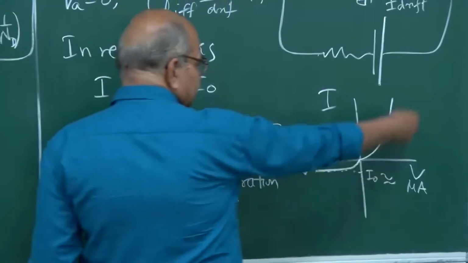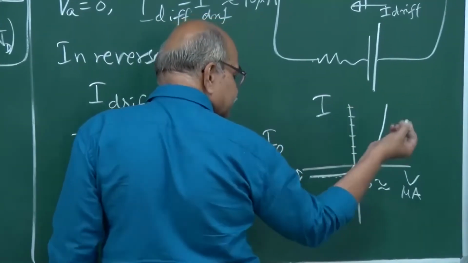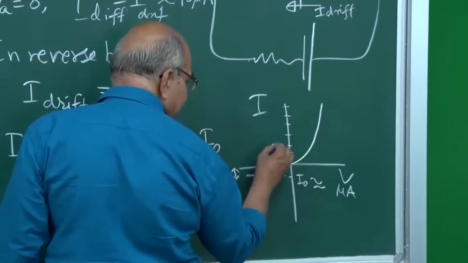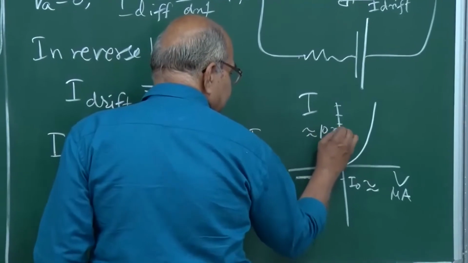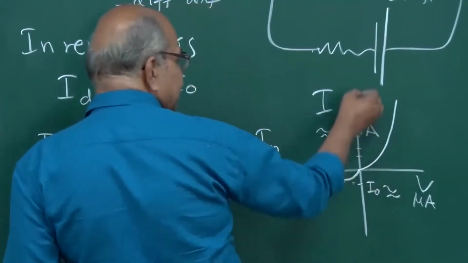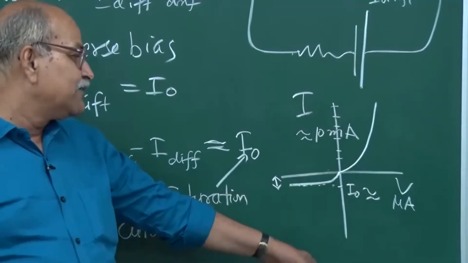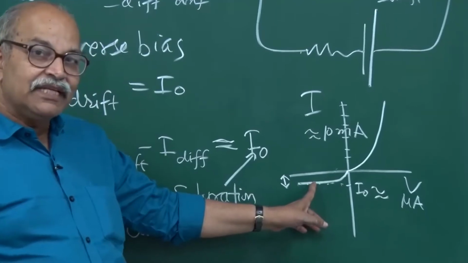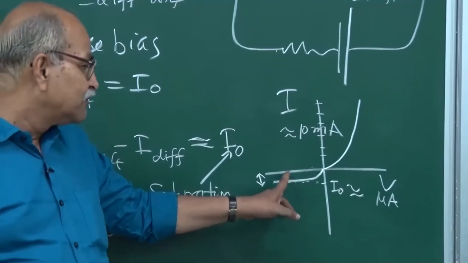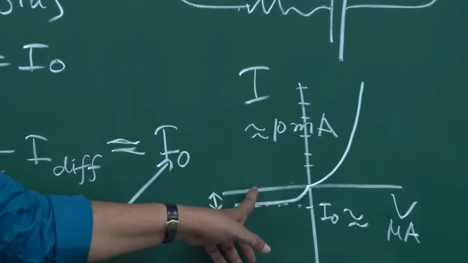Whereas in forward bias, the currents could easily be in milliamperes, a few tens of milliamperes, 10 milliampere, 20 milliampere, 30 milliampere, like that. So on the same scale, this line would be hidden in the width of the axis, whatever axis you draw with your pen, pencil or chalk.